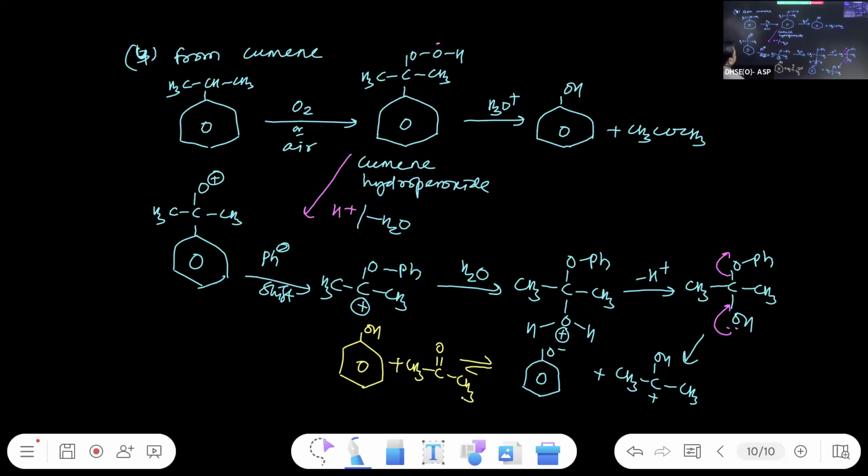Up to this, is it clear? Okay. Then we will see the physical properties. But before going to that, let us write some conversions.